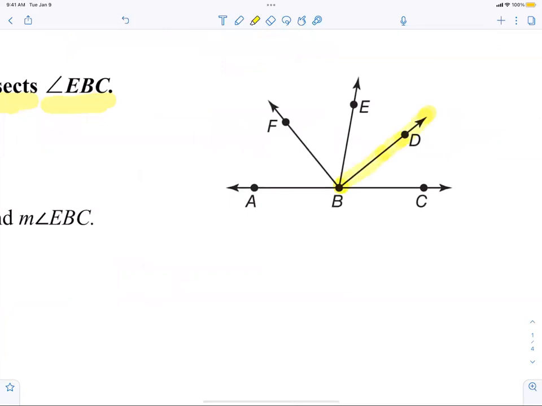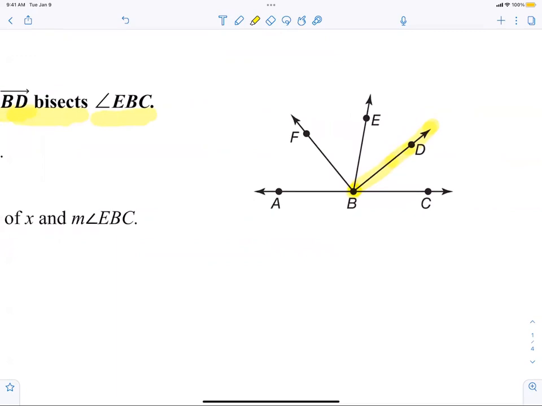And what does it bisect? So what does that do to EBC? Yeah, it definitely makes it smaller, but what's true about EBD and DBC? Yeah, they're definitely acute in this picture. But what does bisect mean?